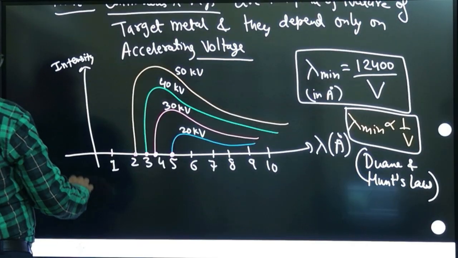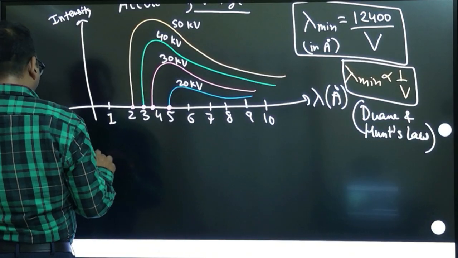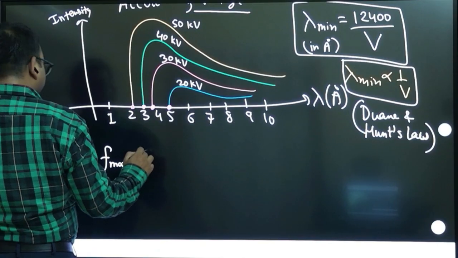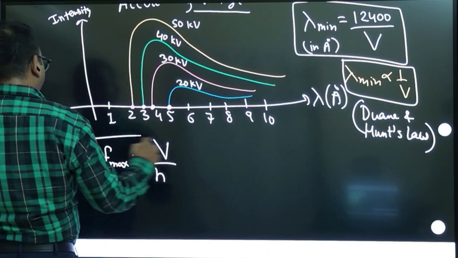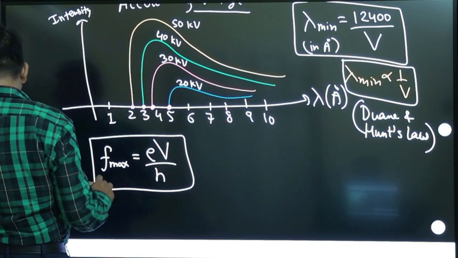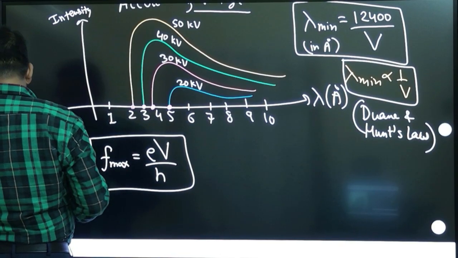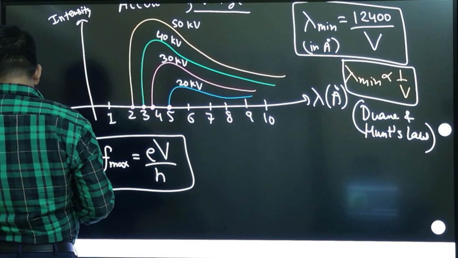Similarly, we can also calculate frequency. The maximum frequency can be calculated as eV by h, because this kinetic energy eV is h nu, h into frequency. This is the maximum frequency of emitted x-ray photons.